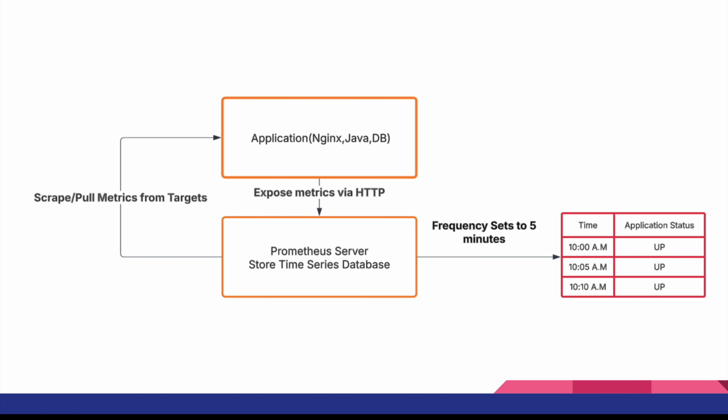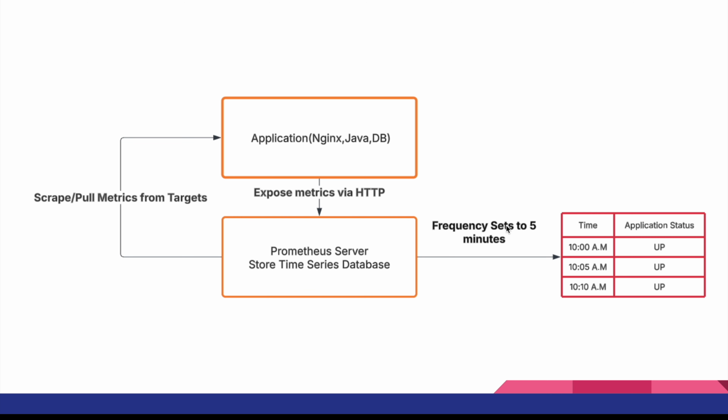The only requirement first is you have to expose the metrics via HTTP to the Prometheus server, and then the Prometheus server pulls those metrics from the targets, and your targets are Nginx, Java applications, database, nodes, anything. It pulls those metrics from the targets based on the frequency that you define.